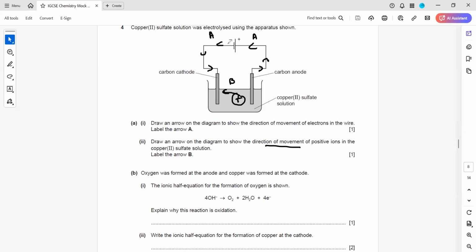So you have to represent that from the negative terminal, electrons will move out, and towards the positive terminal, electrons will move. And the positive ions are attracted towards the cathode.